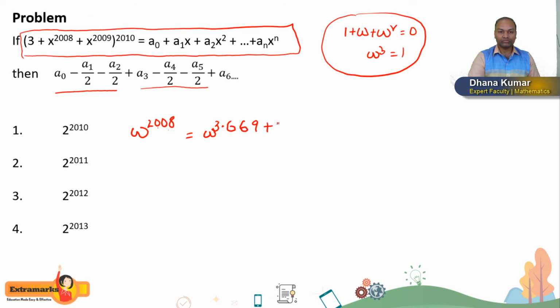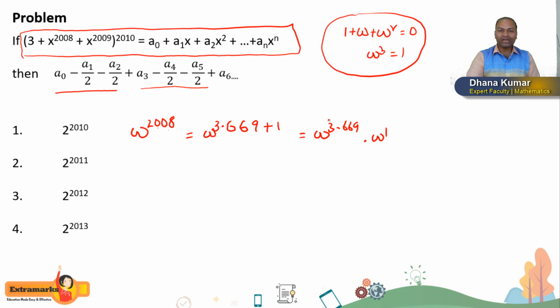Remainder 1. So plus 1. So this can be written as omega power 3 into 669 into omega. Here I am using formula x power m into x power n is equal to x power m plus n.